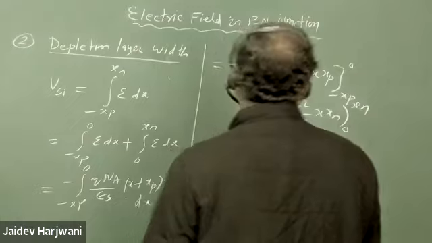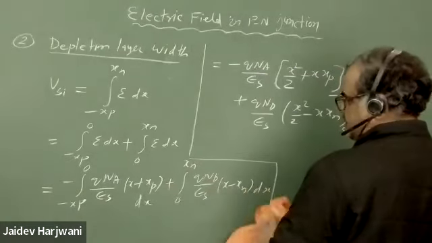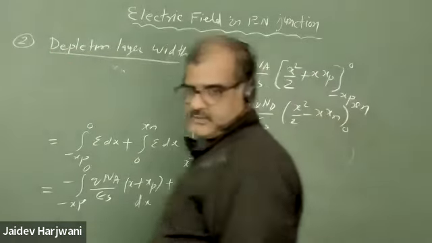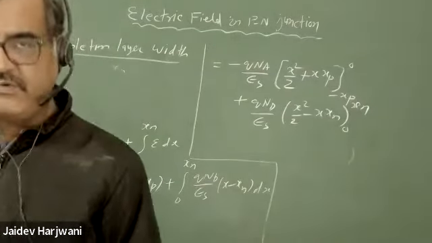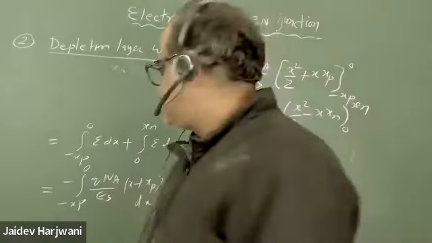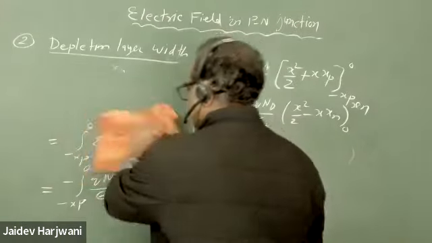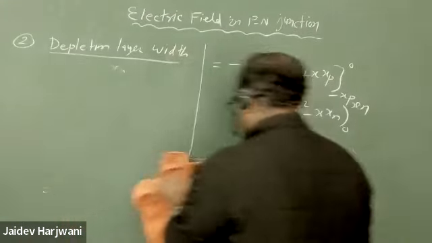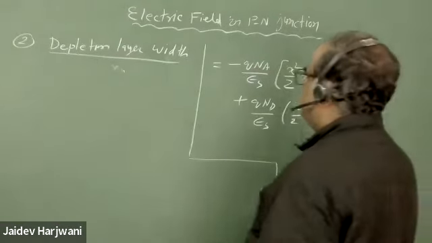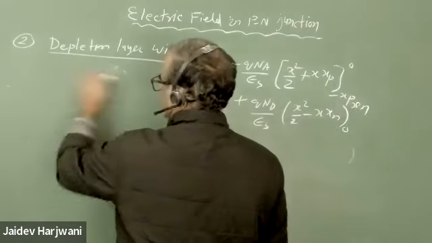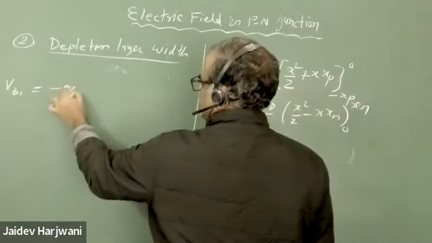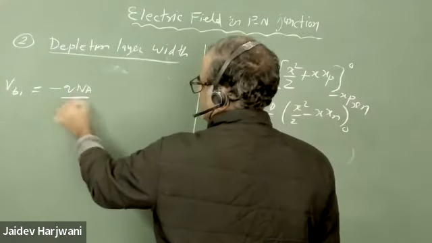If I solve this one, let me check. Solve the integration, put the limits and see what comes. Now we are calculating the built-in potential VBI. So I have minus q Na upon Es.